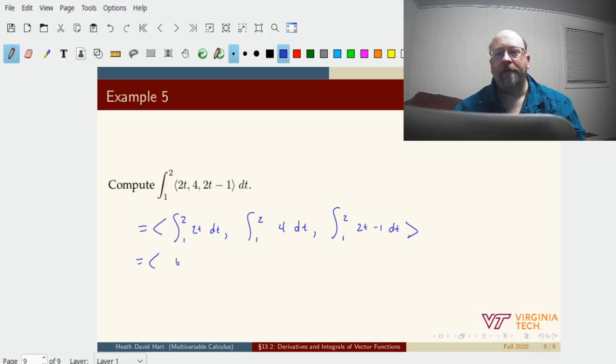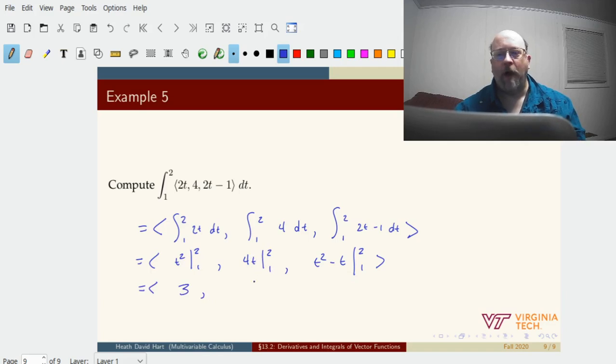Integral of 2t is t squared, but we have to evaluate it at 2 and 1. 4t, which we have to evaluate at 2 and 1. And t squared minus t, which we have to evaluate at 2 and 1. So when we plug in 2, we get 4. 4 minus 1 is 3. When we plug in 2, we get 8.